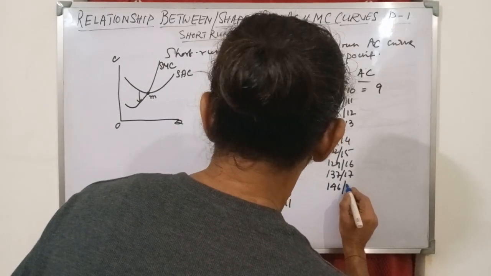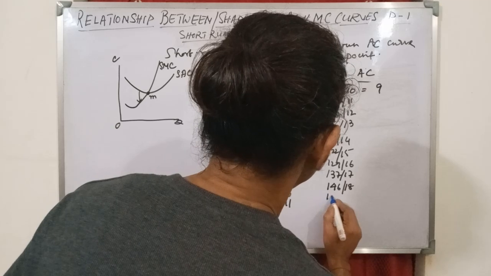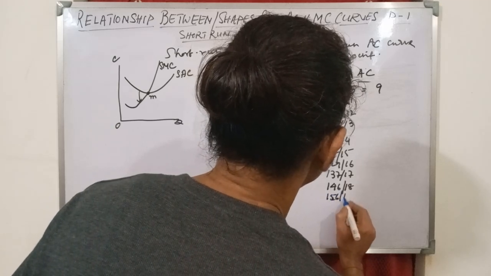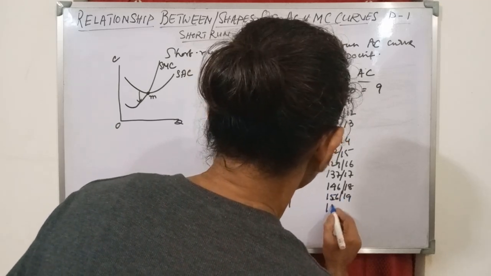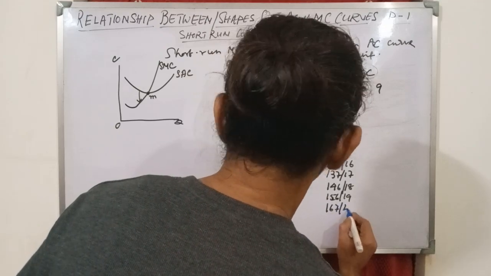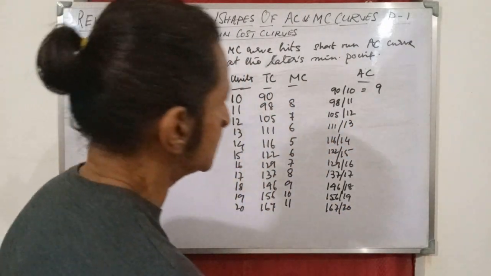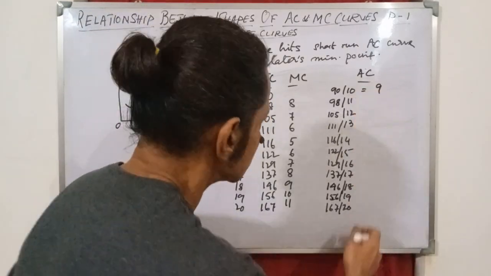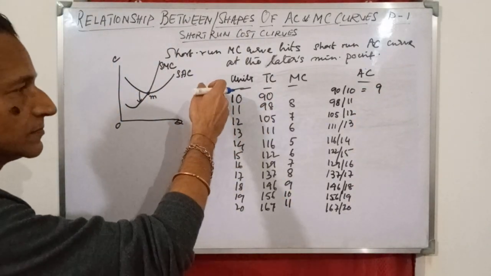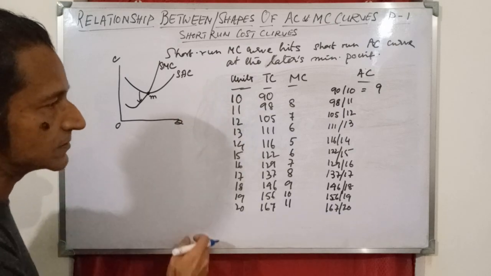This is 137 divided by 17. This is 146 divided by 18. This is 156 divided by 19. And finally 167 divided by 20. These are the different average costs for producing different number of units.